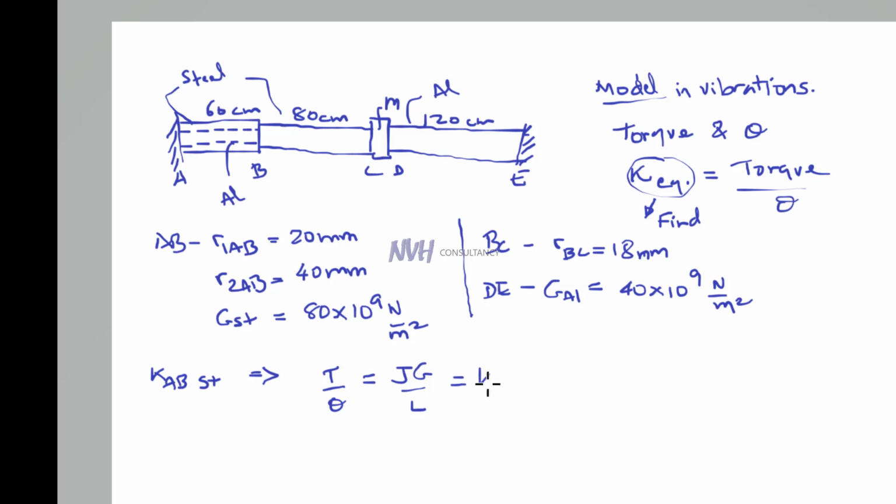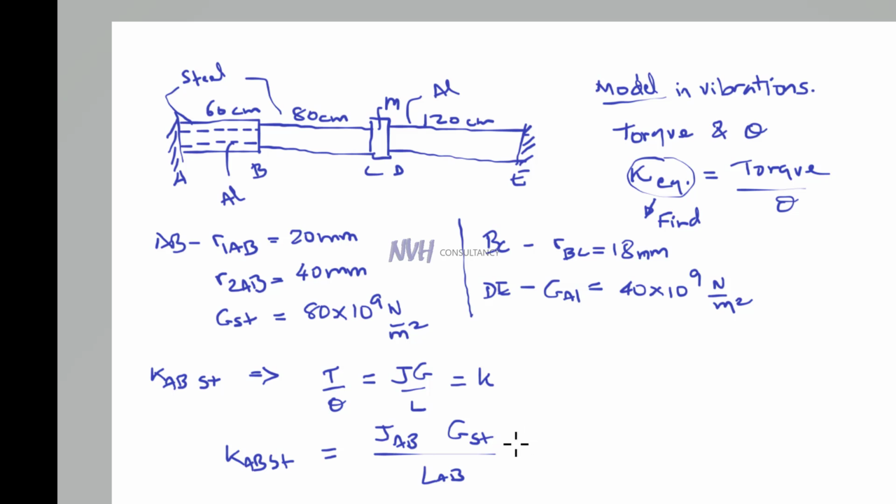That way you can find the stiffness. So KAB of steel equals JAB times G of steel divided by LAB.